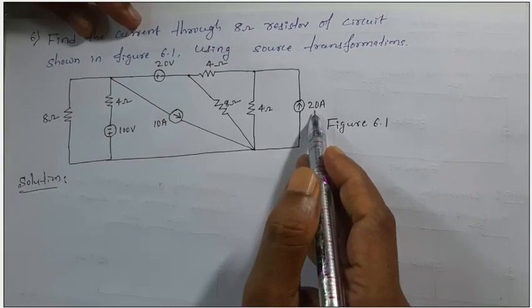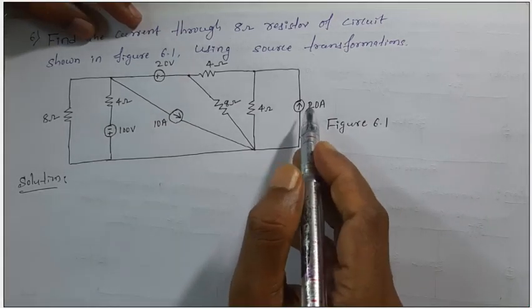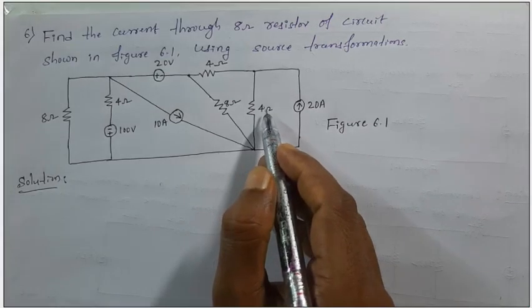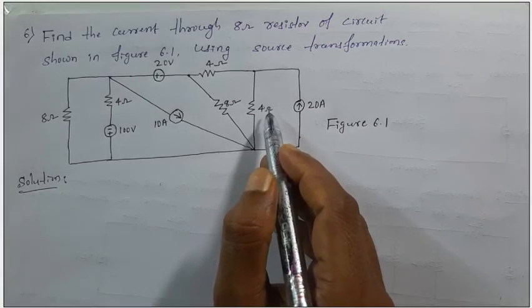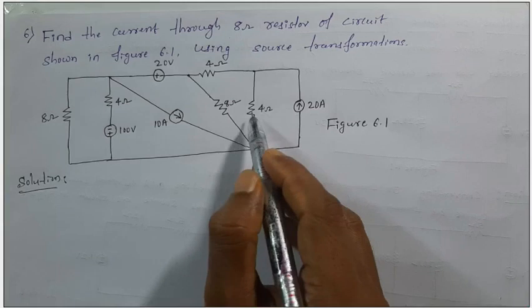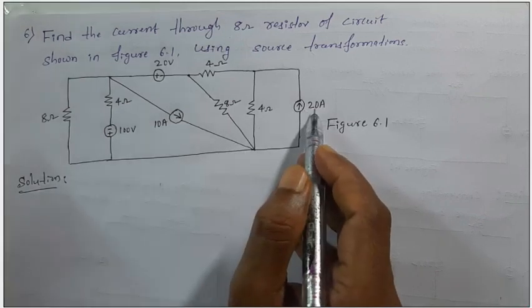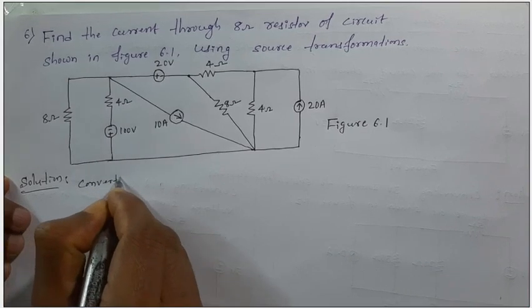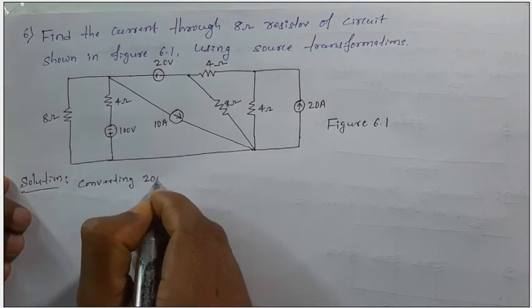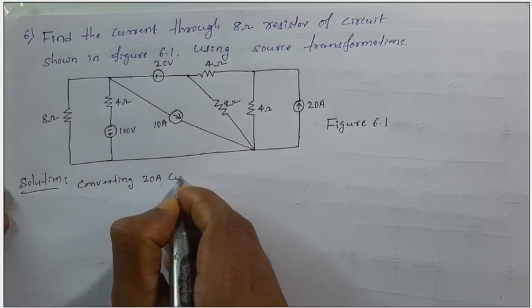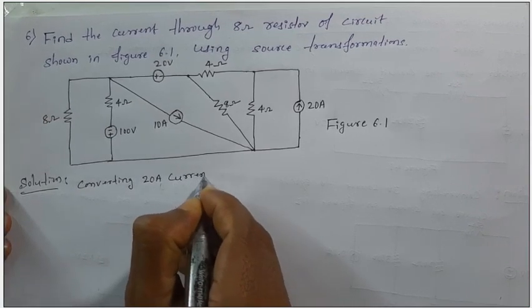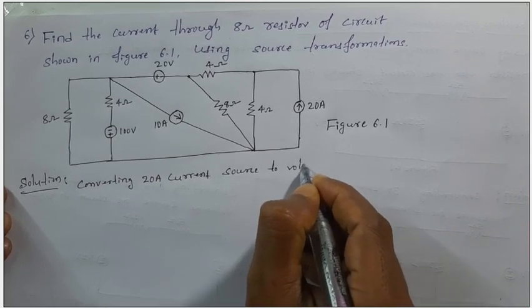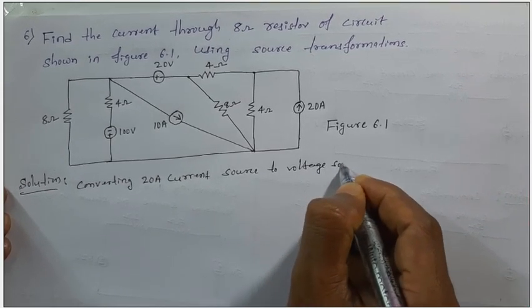because this 20 ampere current is in parallel with the 4 ohm resistor, what we can do is convert this current source to a voltage source. Converting 20 ampere current source to equivalent voltage source.